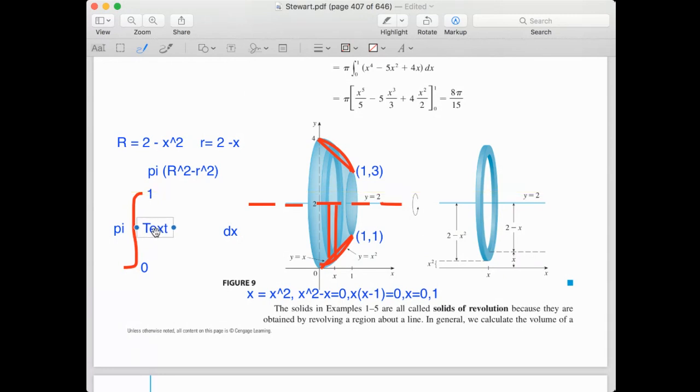Our integrand is big R squared, where big R is 2 minus x squared, minus small r squared, where small r is 2 minus x. So that's why we want to draw the picture. So this is our integrand, big R squared minus small r squared. Or let's put a parenthesis.